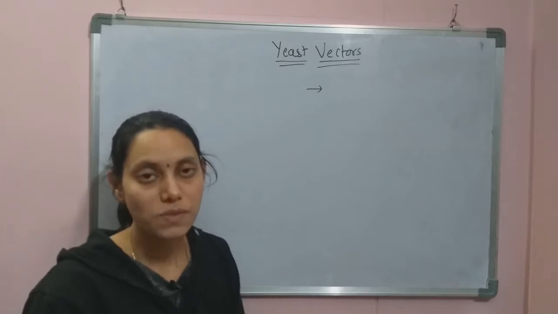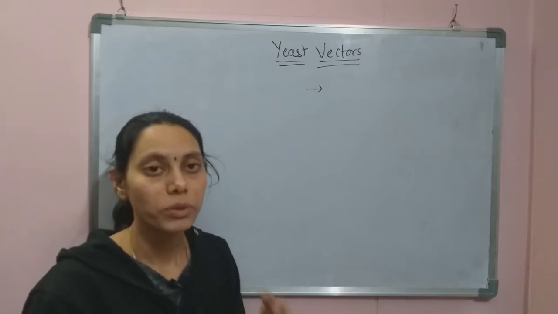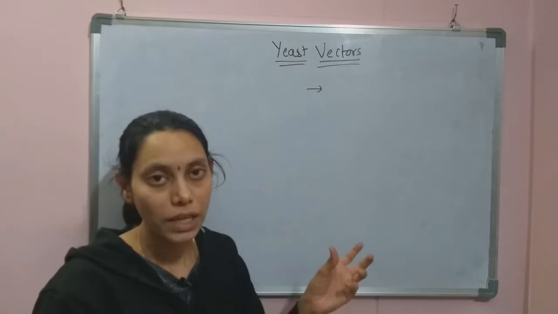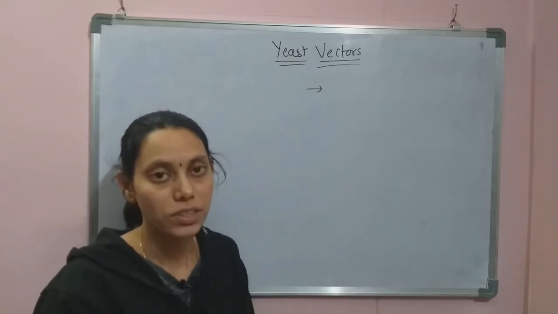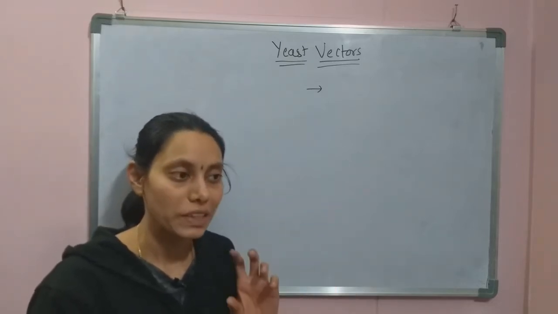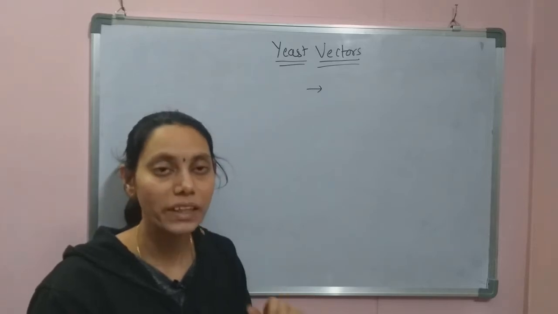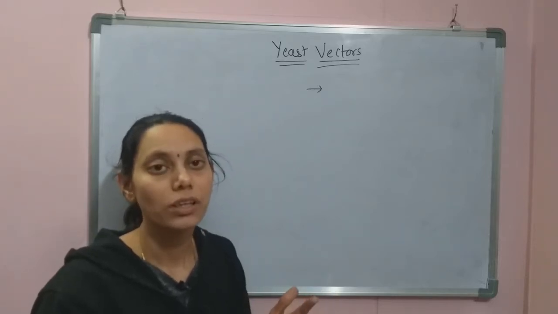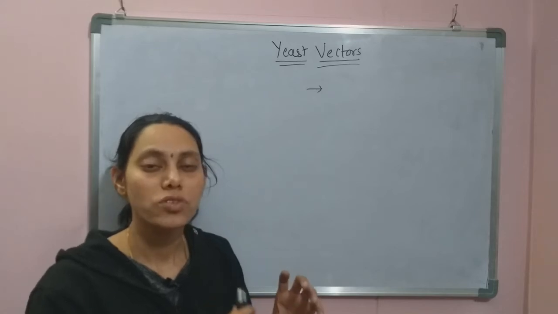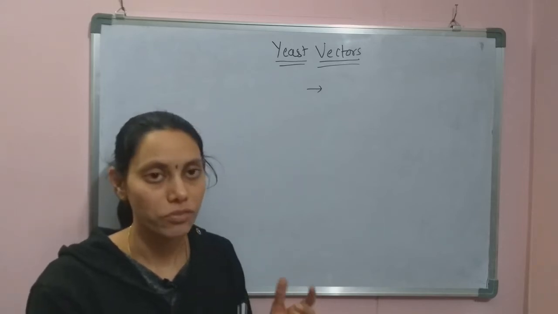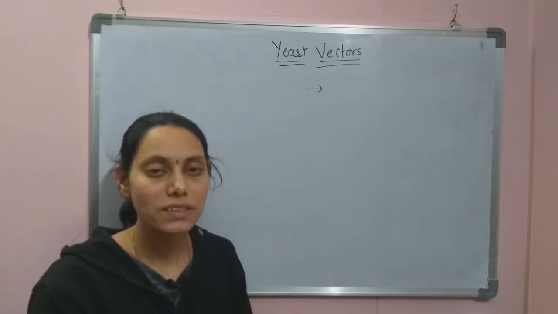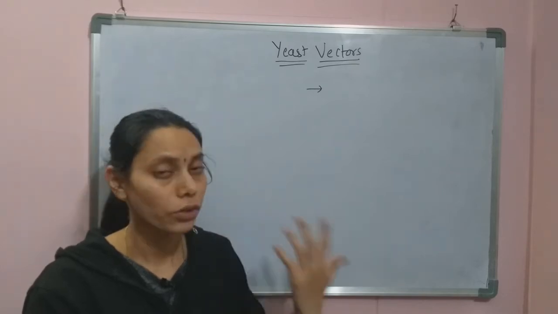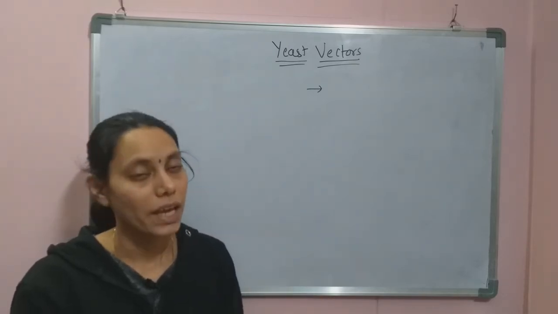All these properties make the yeast cell suitable for molecular cloning experiments for eukaryotic genes. And since it is a eukaryotic system, it provides post-transcriptional and post-translational modifications. So this is the best choice for eukaryotic gene cloning experiments.